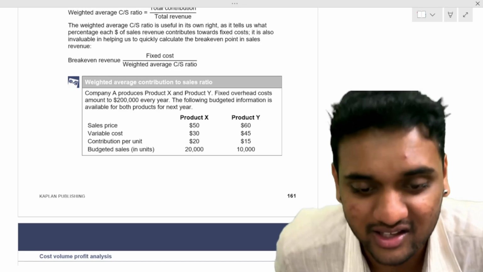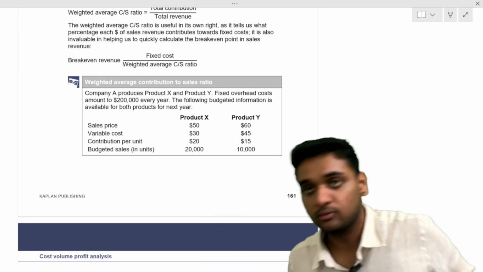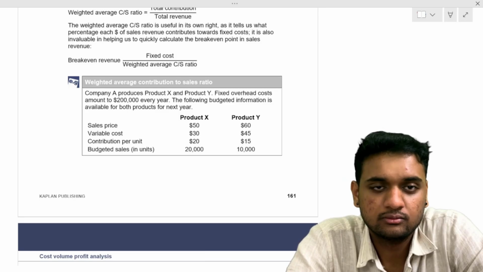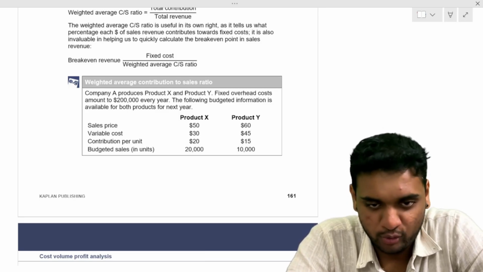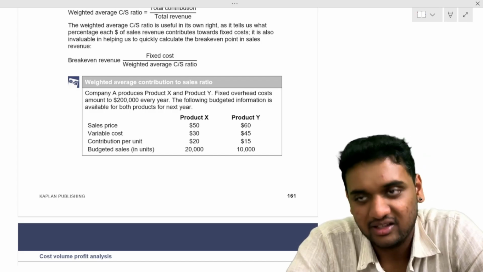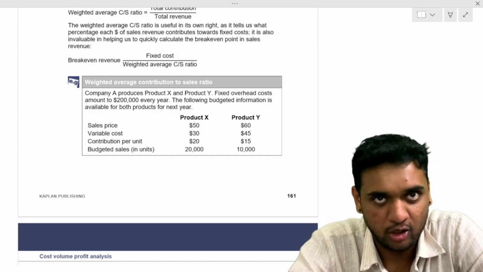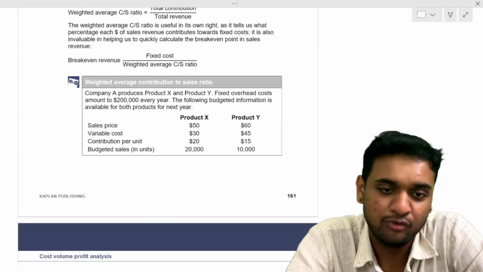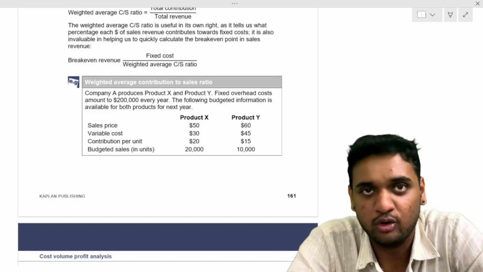To find the weighted average CS ratio, what we will do? Number of units, 20,000 units into 20 rupees plus 10,000 units into 15 rupees, you will get the total contribution, divided by 20,000 units into 50 rupees plus 10,000 units into 60 rupees.